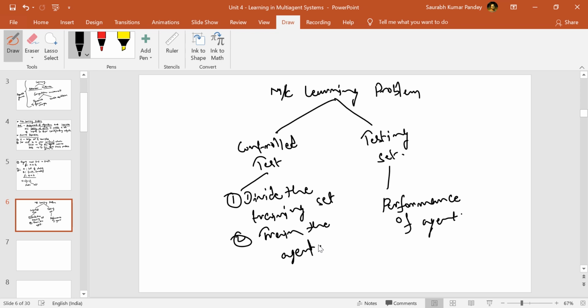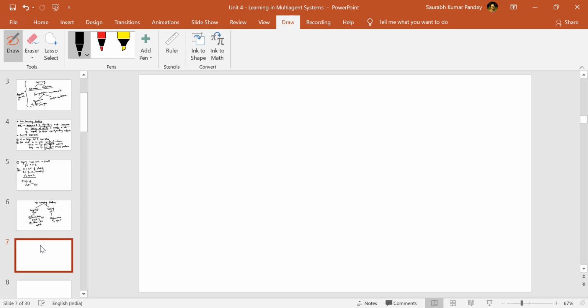Okay, now I told you the formal definition, correct, and then told you about the control set, testing set. Now we want to try to understand what is going on in a machine learning problem in terms of graphical representation. Okay, so let's see how in terms of graphical representation we can understand it.